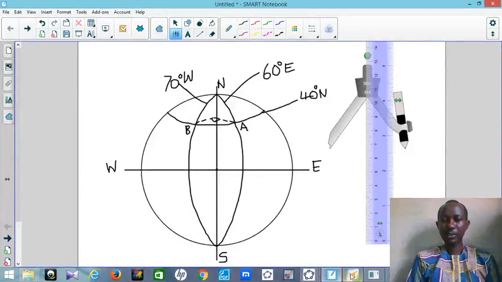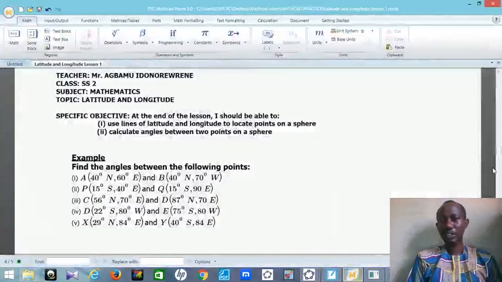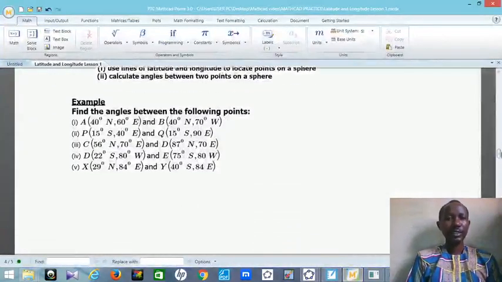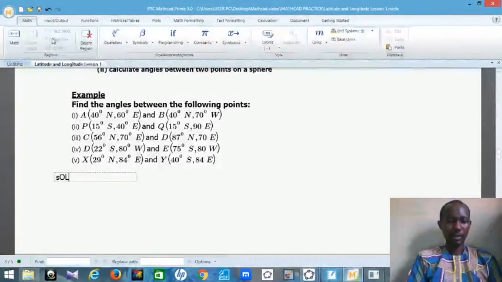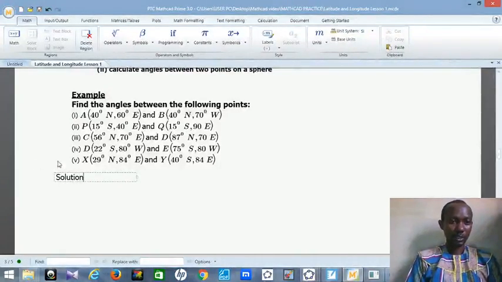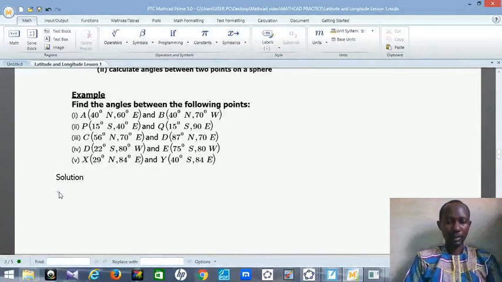All you need to do on your answer sheet is write your solution.